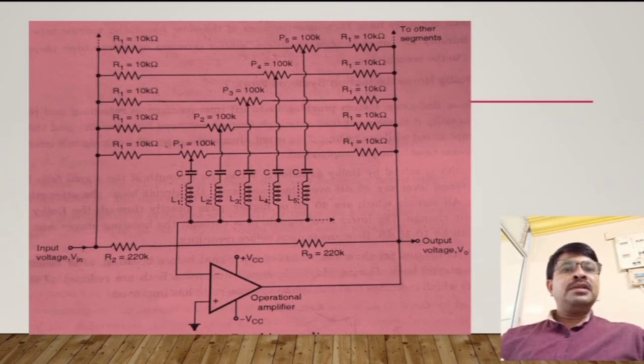For example, this is a 5 band graphic equalizer, so we can set this as the lower frequency band, this is also a lower frequency band, this is the medium frequency band, this is the higher frequency band and this is the maximum higher frequency band. In the exam you can draw this type of graphic equalizer, or if the question asks to draw the graphic equalizer, you can also go for a different IC.